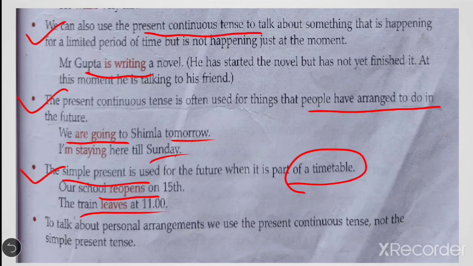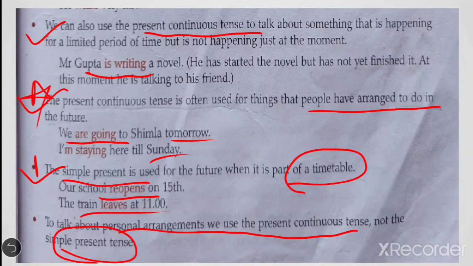To talk about personal arrangements, we use the present continuous tense, not the simple present tense. Simple present tense is only for the official timetable. For a personal arrangement, we have to use present continuous tense. So remember these two very well.